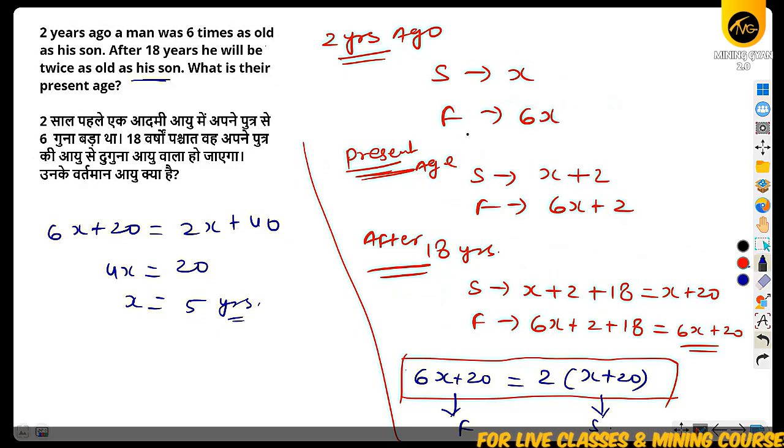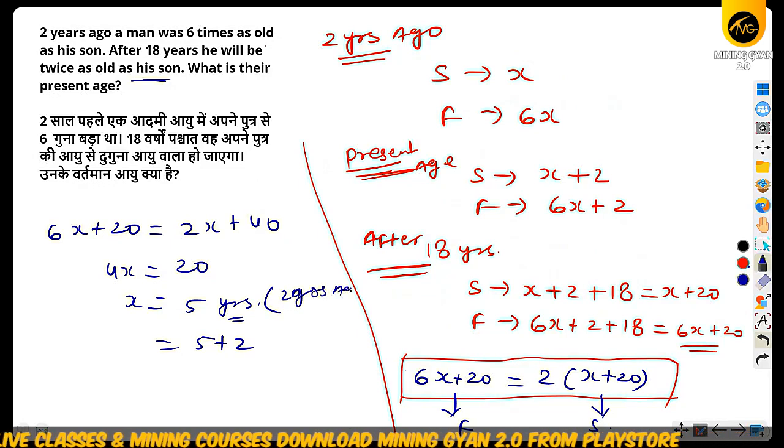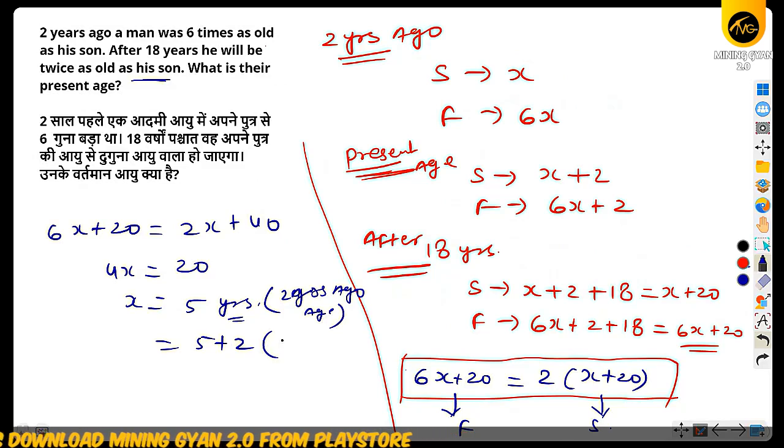Present age. So basically this 5 years is the 2 years ago age of his son. Now the present age of his son will be x plus 2, that means 5 plus 2, which is 7. Actually this is the 2 years ago condition age, and now this will be the present age. So what is the present age of father?